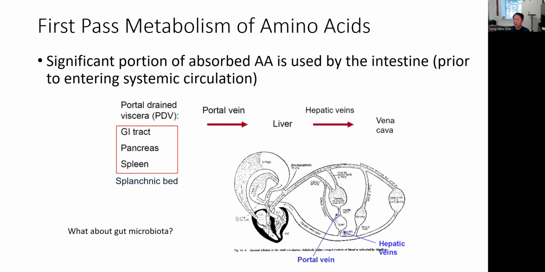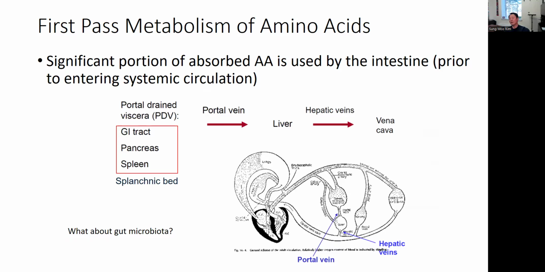That means some portion, or a good portion, of those amino acids from the protein digestion will disappear in the intestine or near the intestine. In other words, some amino acids or small peptides will be used by the intestine or somewhere close to the intestine.